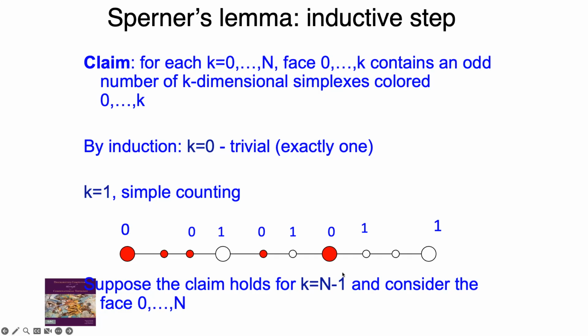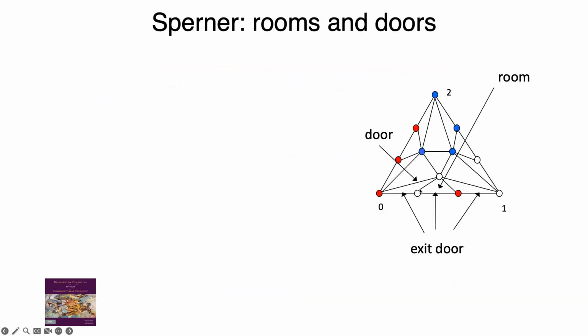Good. I'm going to illustrate it using this language of doors, corridors and rooms. So we have an n-dimensional simplex subdivided. It has colors from 0 to n, but it has a face colored with the colors from 0 to n-1. In this particular case, n equals 2.